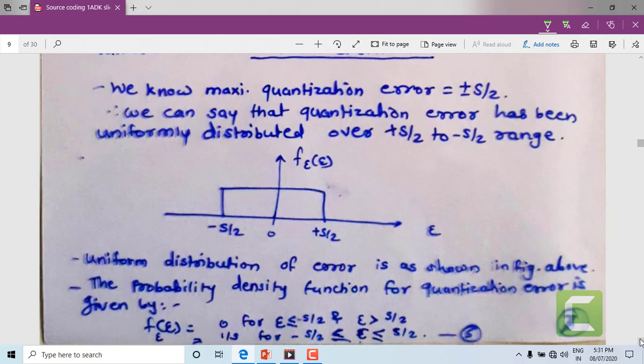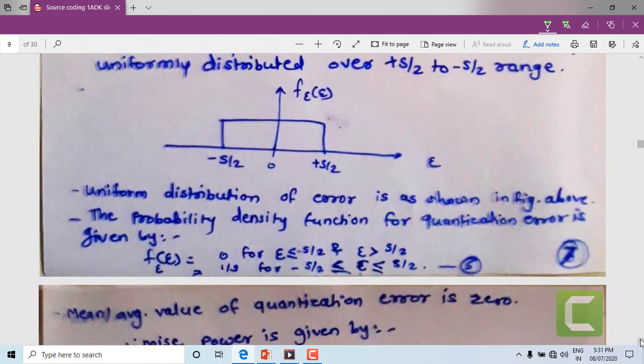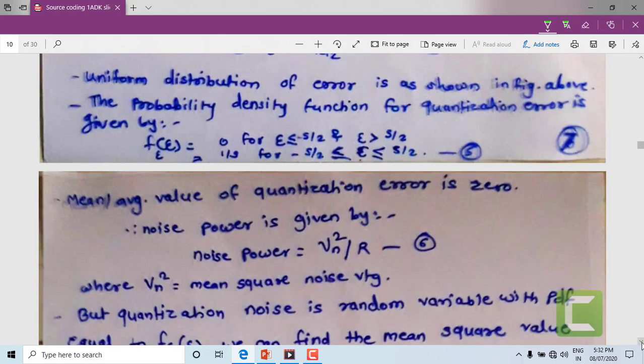So we can say that this function, as a probability density function, can be represented as f of epsilon, having magnitude 0 when epsilon is either greater than S by 2 or less than or equal to minus S by 2. And for the region between minus S by 2 and plus S by 2, it will have the magnitude 1 by S. Now we will go toward getting the mean average value of quantization error.